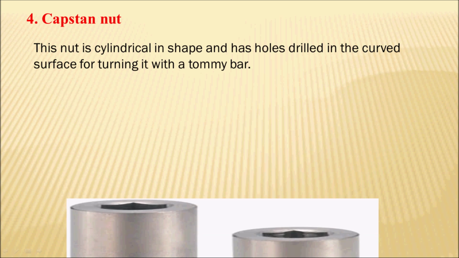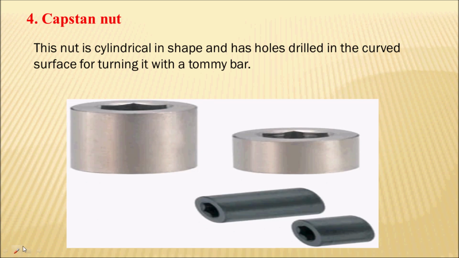Next is the capstan nut. You can see an image of a capstan nut. They are generally cylindrical in shape, and they also have holes drilled into the curved surface at the top for turning it with a Tommy bar. So to turn this capstan nut, generally a Tommy bar is used.